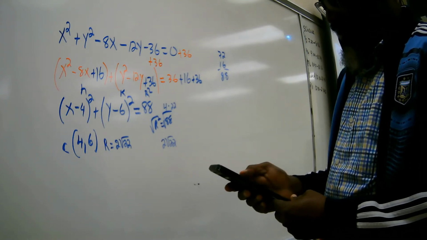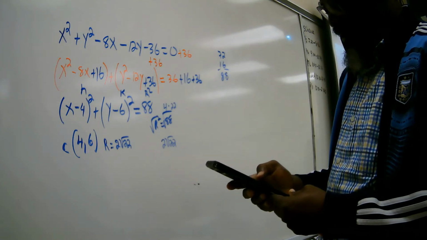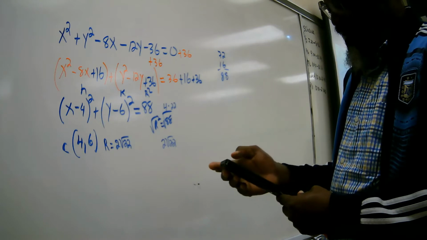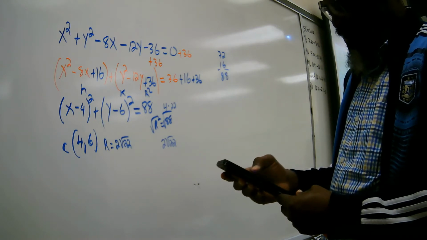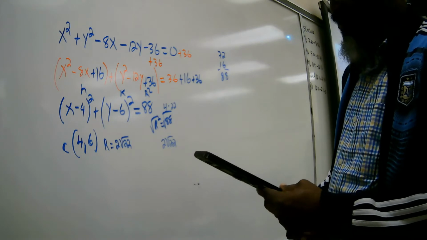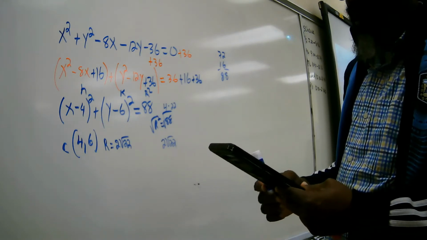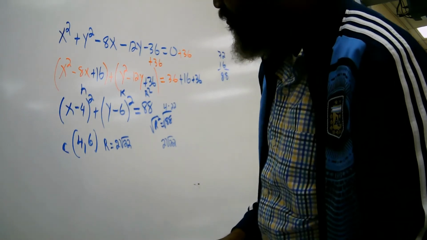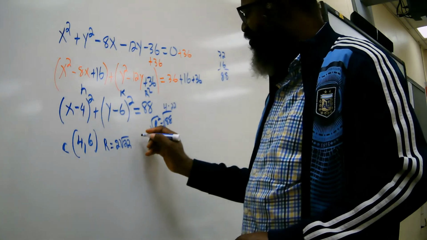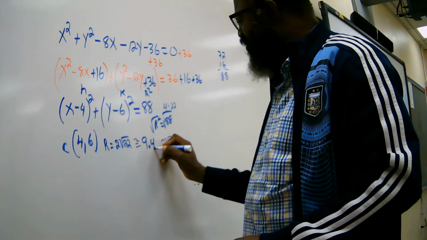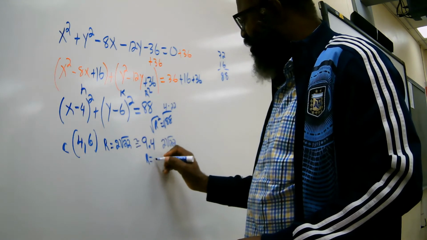If you are taking a test, remember, not all the time is your answer going to be in decimal, but in this case, you want the answer to be in decimal so you can know where it is. So the root of 88 is about 9.38, which is 9.4. The radius is 9.4.